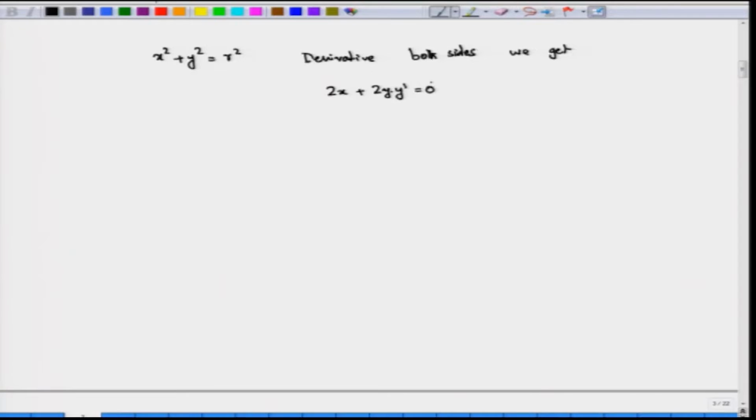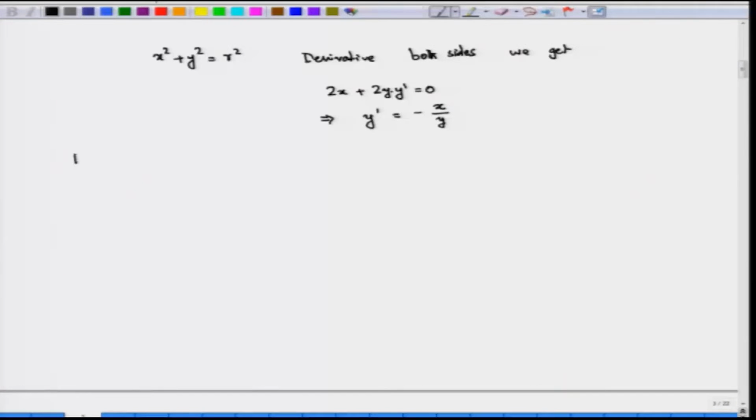This implies that y prime is equal to minus x by y. So, this is called implicit differentiation. Even when we are given a certain function, without writing y explicitly in terms of x, still we can get the derivative.